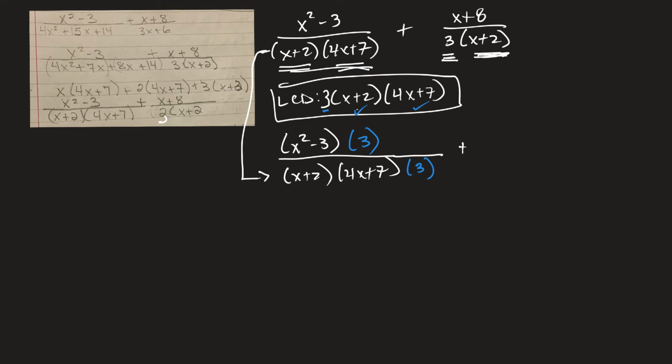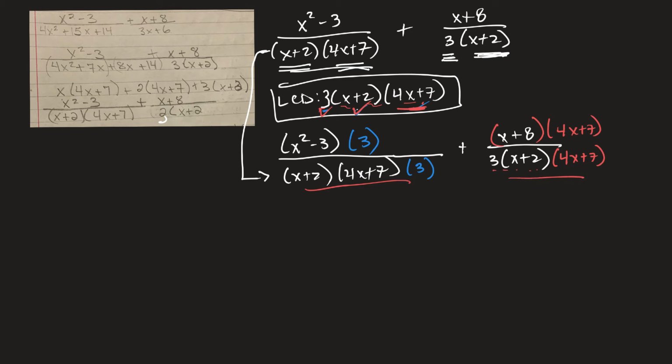Okay, plus, write what I have, x plus 8 over 3 times x plus 2. And then compare this with my common denominator. I have a 3 and I have an x plus 2, but I don't have this 4x plus 7. So I need to include that on the bottom and then include that also on the top. What you do to one thing, you do to the other thing. Okay, so now I've got my common denominator.